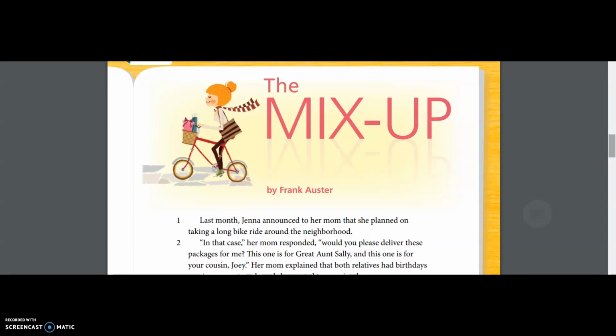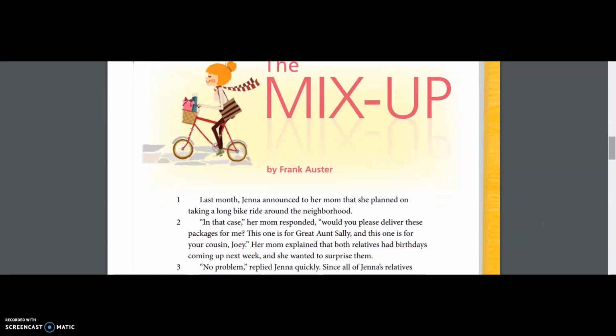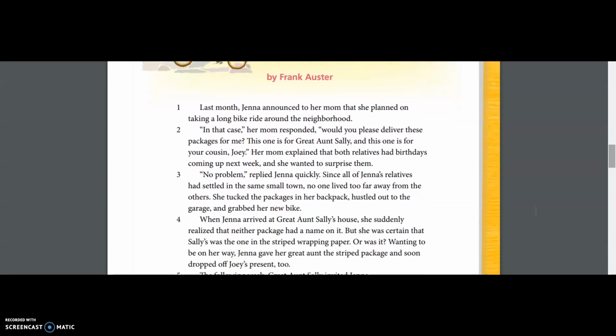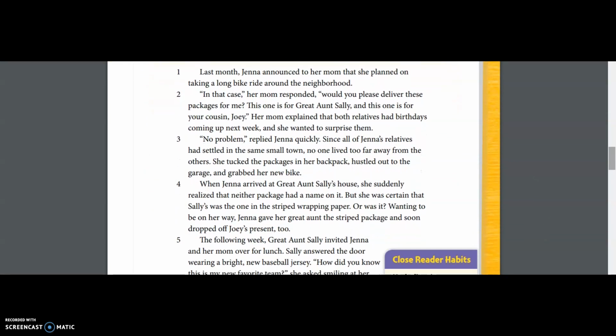The story today is called The Mix-Up by Frank Auster. Last month, Jenna announced to her mom that she planned on taking a long bike ride around the neighborhood. In that case, her mom responded, would you please deliver these packages for me? This one is for Great Aunt Sally, and this one is for your cousin, Joey.